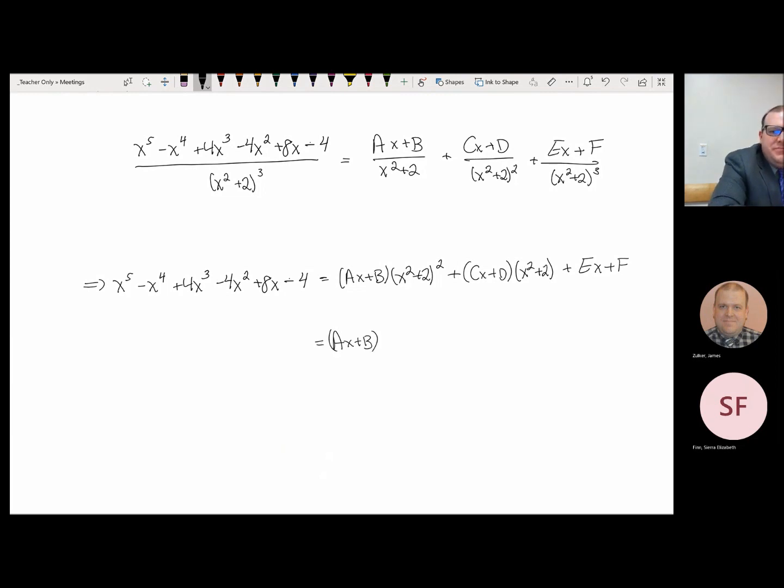For the ax plus b times x squared plus 2 squared, why aren't we also multiplying it by x squared plus 2 cubed? Well, we did multiply by x squared plus 2 cubed. This whole thing is being multiplied by x squared plus 2 cubed.